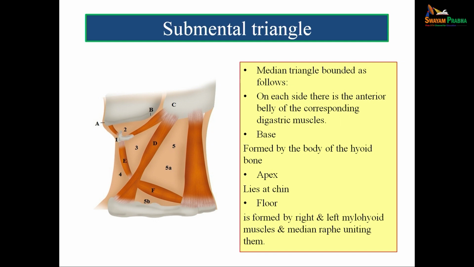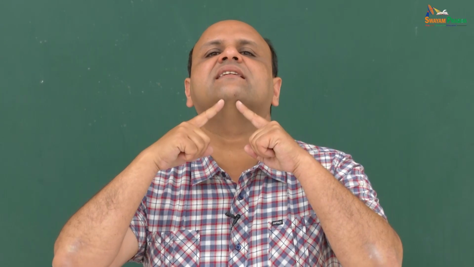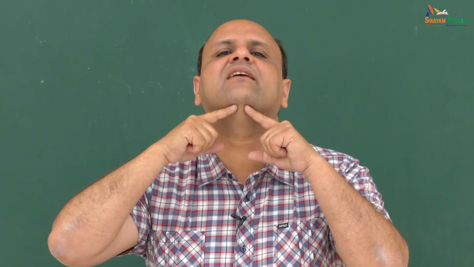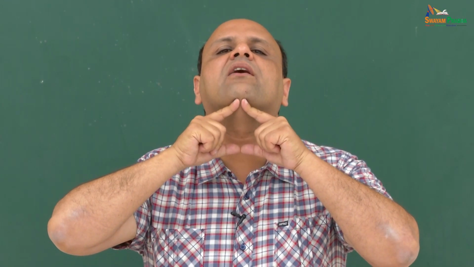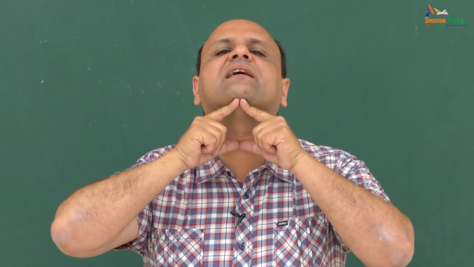Once again, I am showing you my 2 index fingers. They are representing the anterior belly of digastric, and the base is represented by the body of hyoid bone where my 2 thumbs are meeting. The hyoid bone lies at the level of C3 vertebra, the third cervical vertebra. So there is one submental triangle, and it is a median triangle.